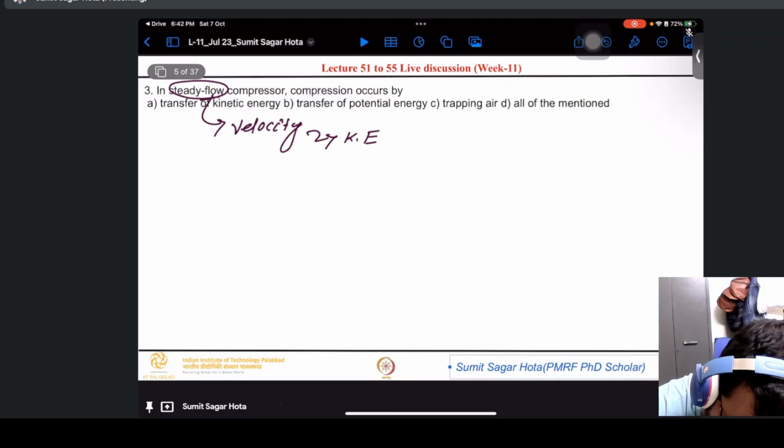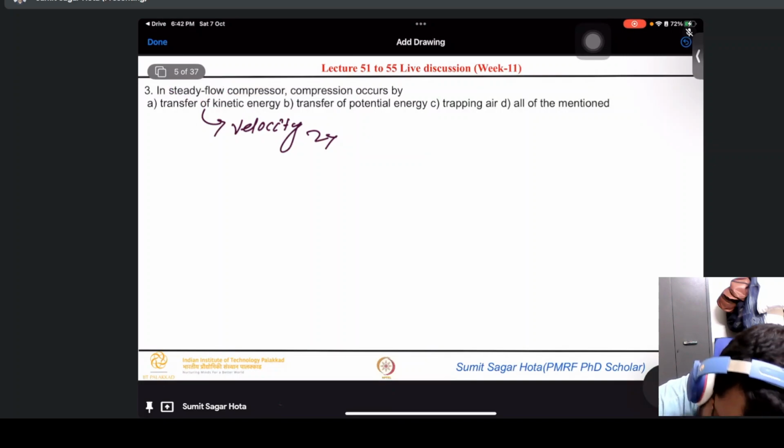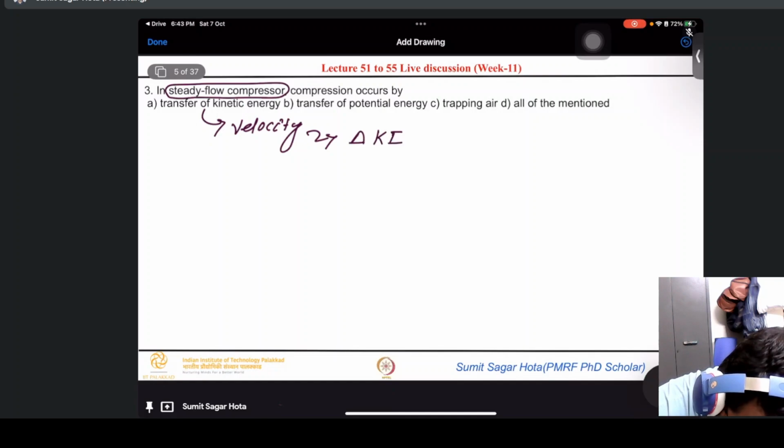It's not only the kinetic energy, it's the change in kinetic energy. And how is this kinetic energy transmitted?